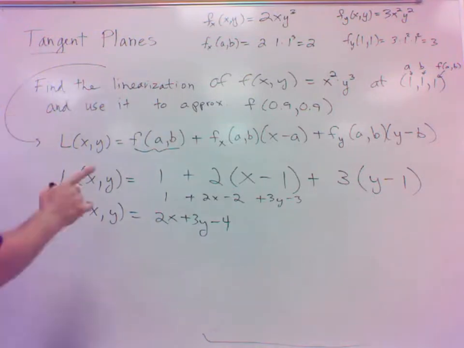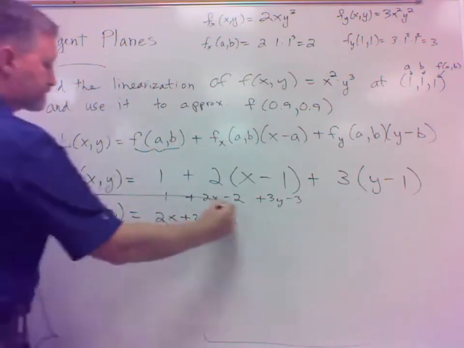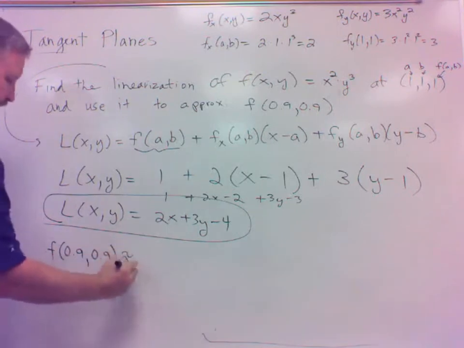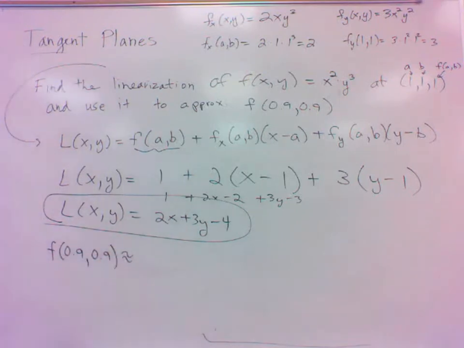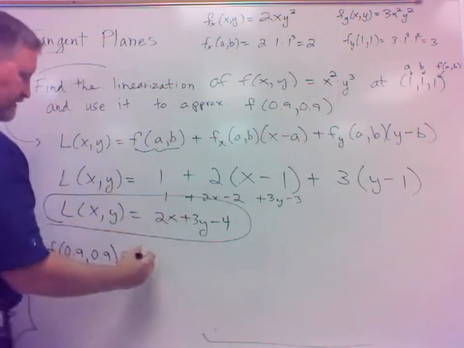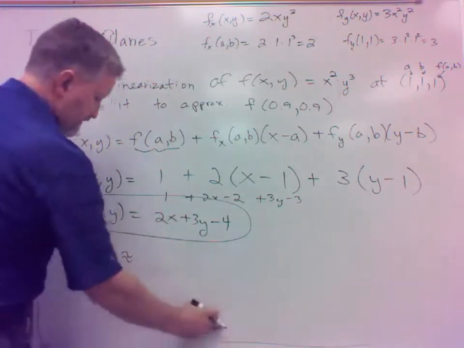All right, so the second part was to use that linearization to approximate f(0.9, 0.9). That would be approximated by this expression.